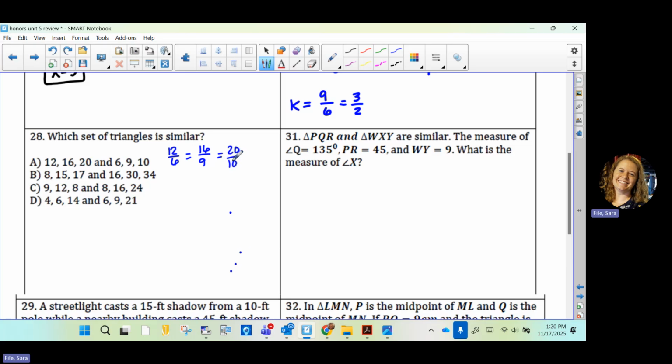If I look at that, 12 over 6 is 2. 20 over 10 is 2. But is 16 over 9 2? No. So those are not similar, because all of the sides have to be proportional to prove the triangles are similar.